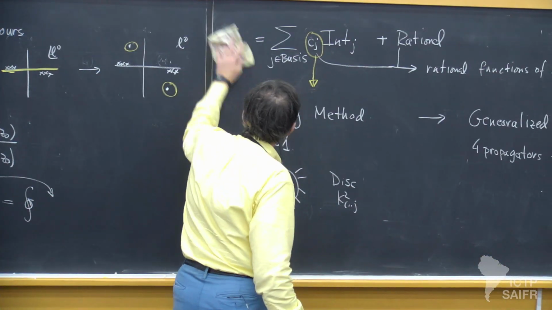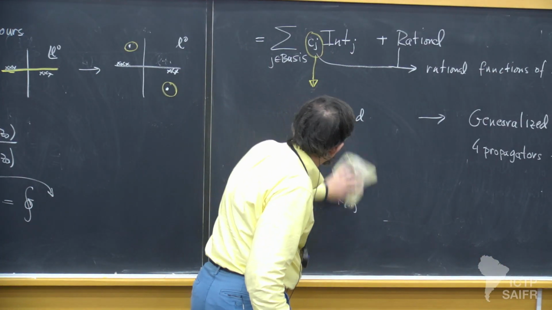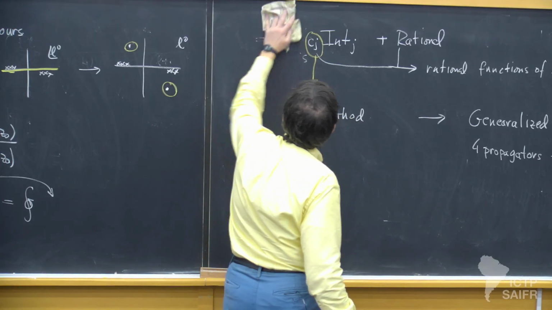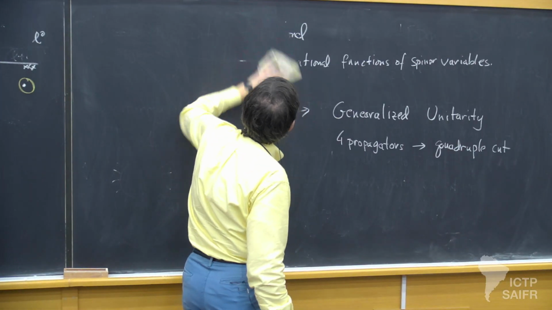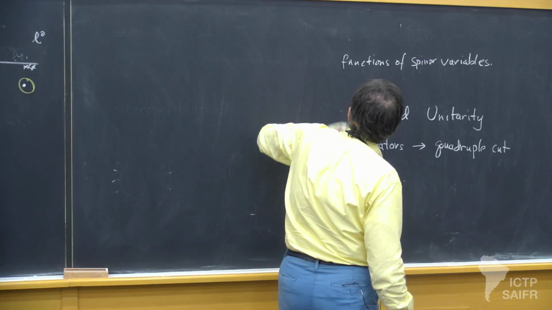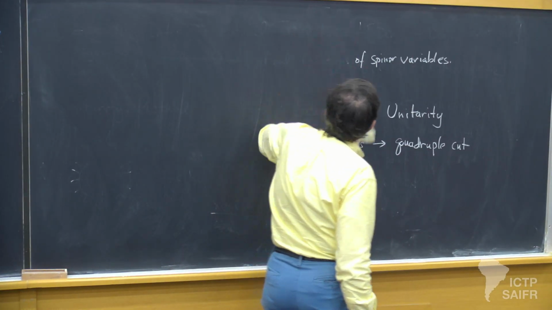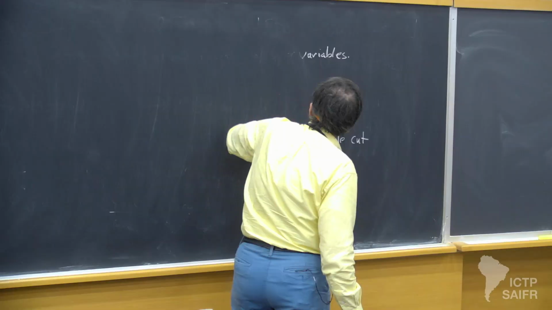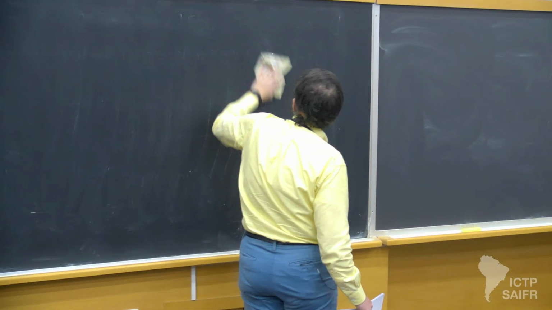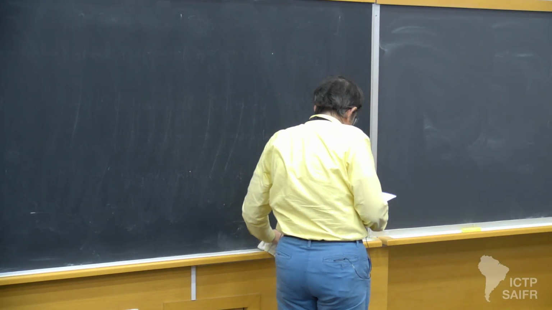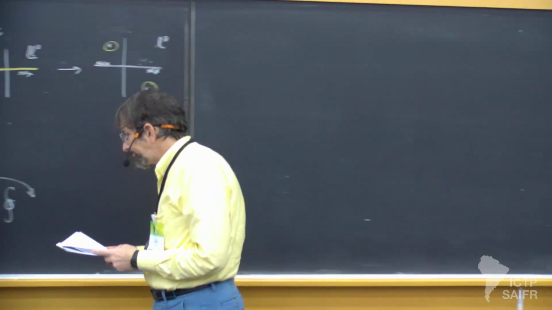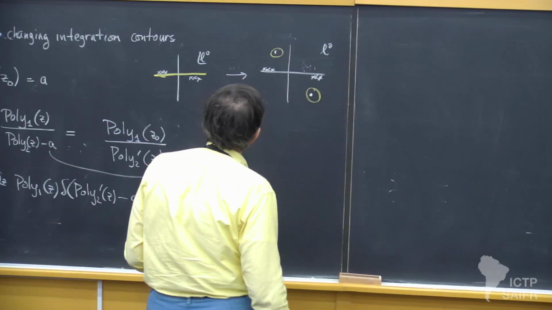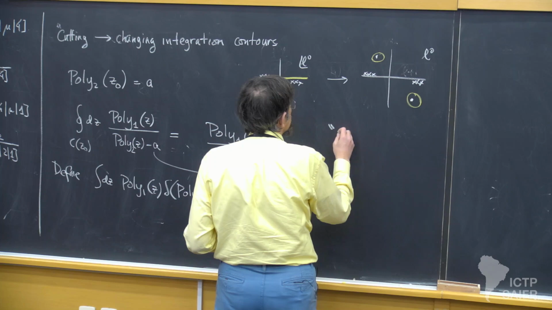residue of the integral. And so this is still all on the right-hand side of the master equation. We haven't gotten to the left-hand side yet. So these solutions are called global poles.